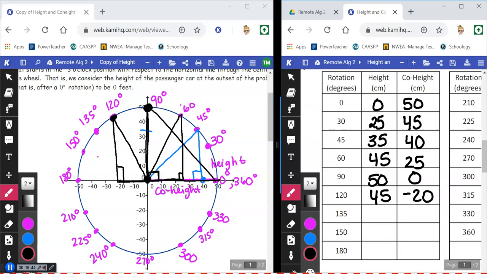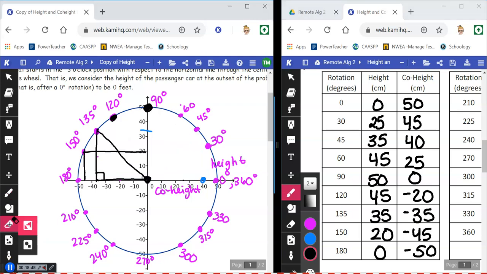Go ahead and do 135, 150, and 180, and then check back with me for your answers. So for 135, 150, and 180, I got heights of 35, 20, and 0, and coheights of negative 35, negative 45, and negative 50.